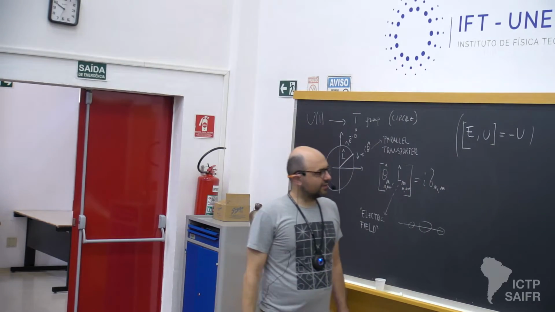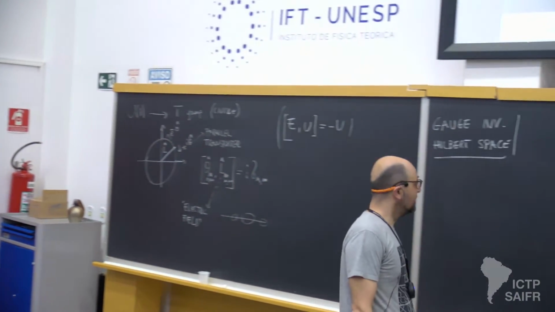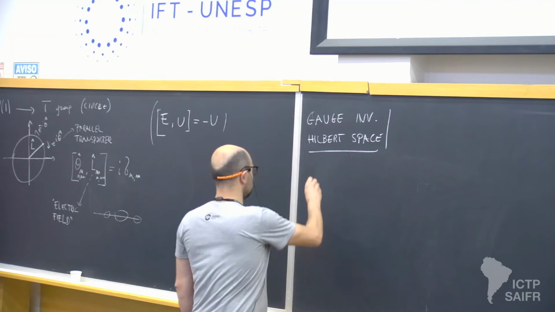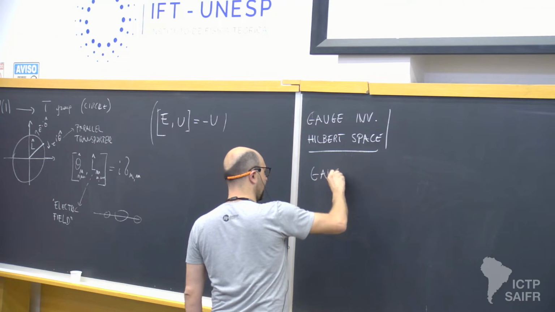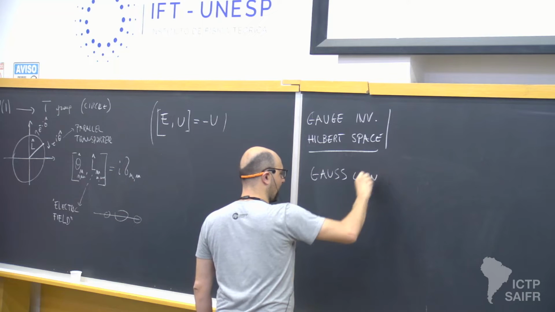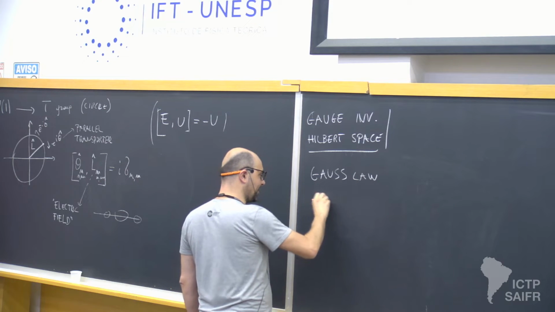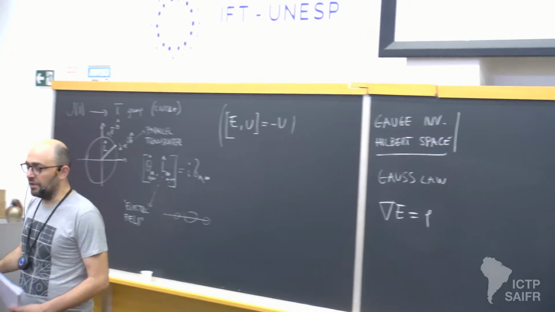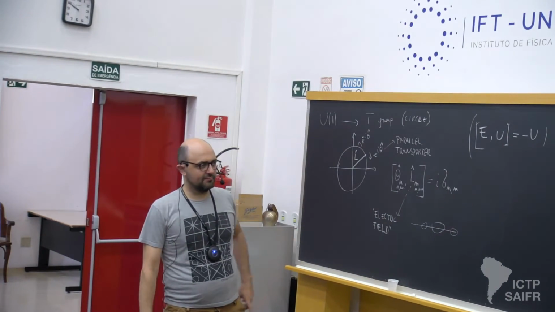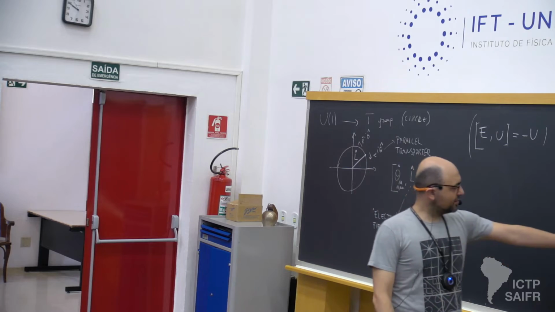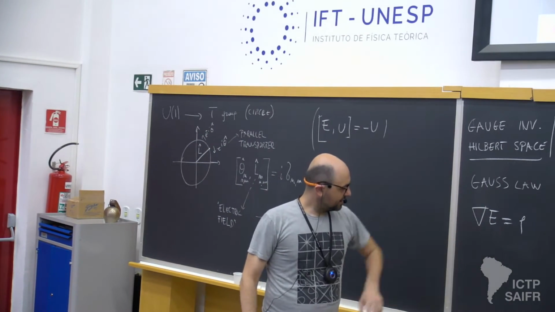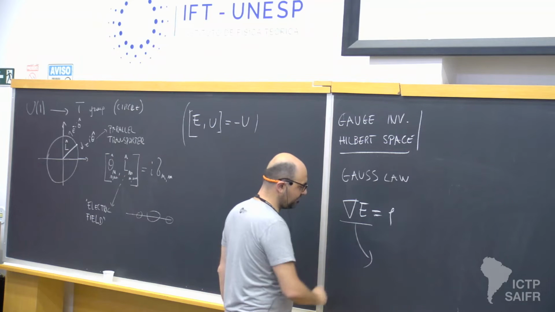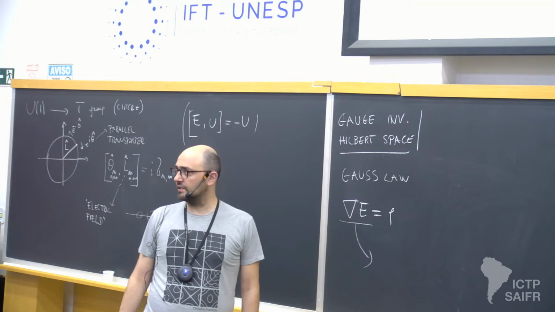So now we want to write down the gauge invariant Hilbert space. The first thing we have to define is Gauss law. How do we write down Gauss law? We take the one that we know in the continuum, and we try to approximate it. We just replace it with this kind of thing. In the continuum, we have the divergence of the field. This is essentially a discrete derivative on the lattice.